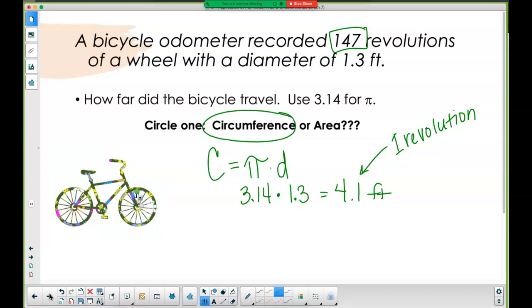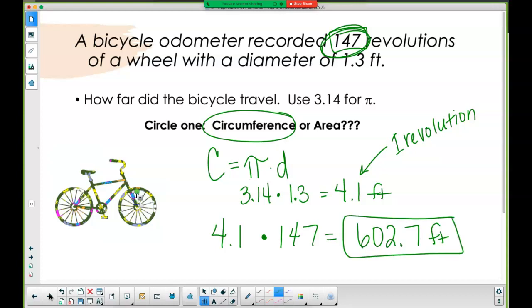This time my bike went 147 revolutions, so I need to do 4.1 times 147, which is 602.7 feet. So the bike has traveled 602.7 feet. That sounds a little better.